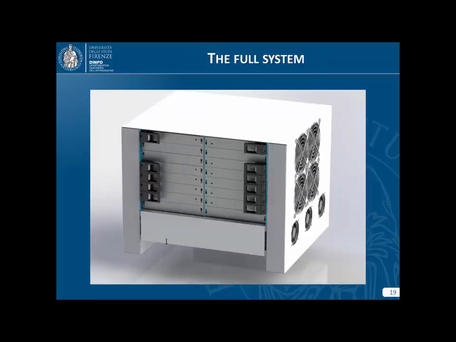And that's how the system will appear once we build a proper case. Just to give you a report on the dimension, it's roughly a cube of 30 centimeters per side.